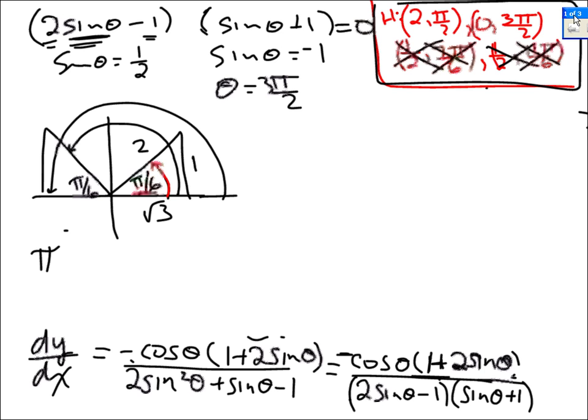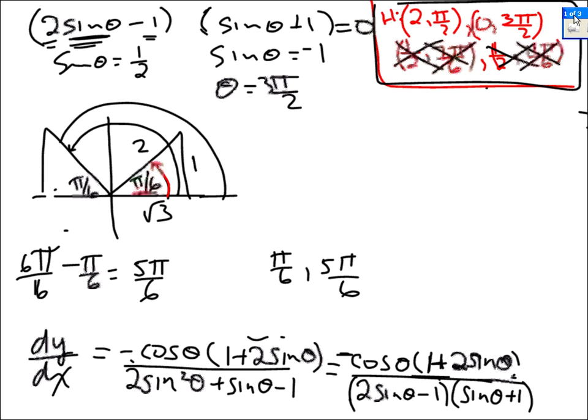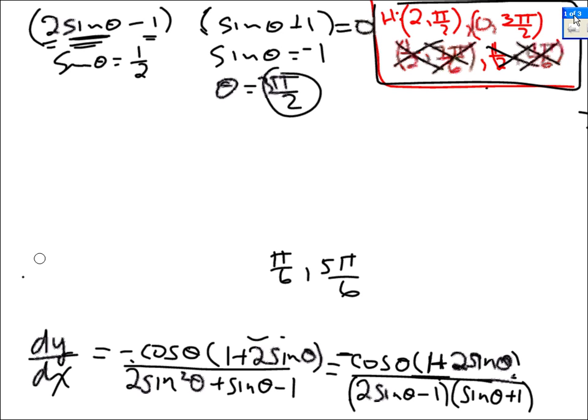We go to pi, and then we take away what we didn't mean to do, namely pi over 6. Now pi is the same as 6 pi over 6. So that gives me 5 pi over 6. So we get pi over 6, 5 pi over 6, and 3 pi over 2. Okay. Let's write that up nicely.